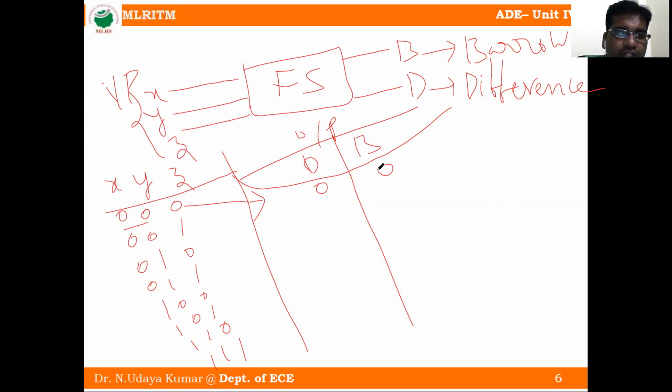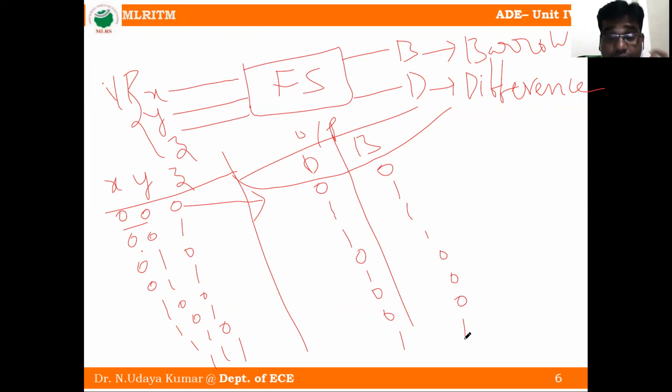Likewise, 0 minus 0 is 0, and 0 minus 1 is 1. The difference is 1 with borrow, meaning 1. Likewise, we write the outputs for all the inputs.